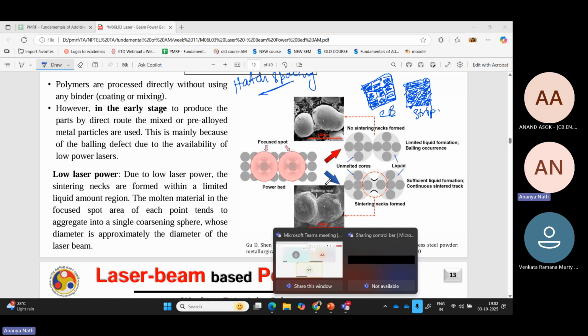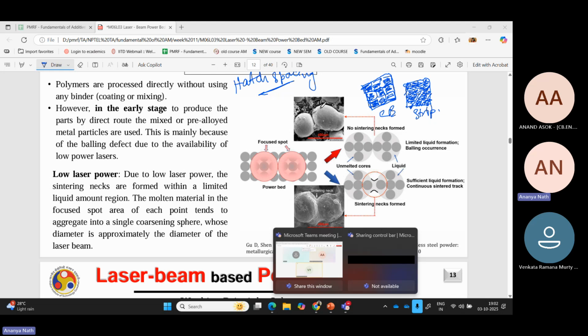The main influence of the cooling rate is on the microstructure of the printed part. As your cooling rate is very high, microstructure-wise the grain size is generally smaller in the case of the PBF process. As your grain structure is smaller, your hardness is increased and your strength is more. So for PBF parts, the grain size is smaller, and the hardness and strength are more because of the high cooling rate.